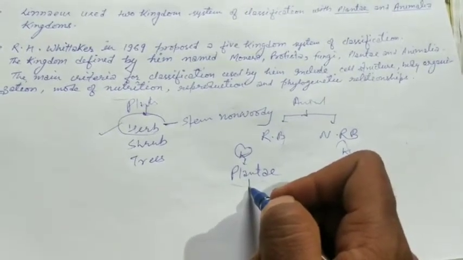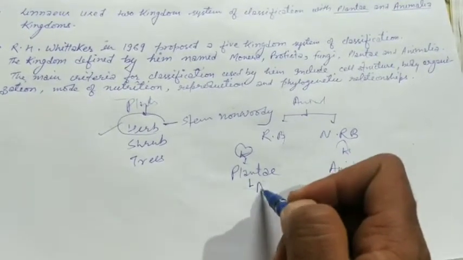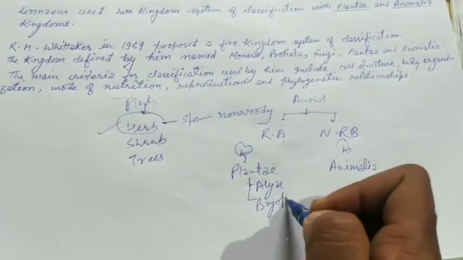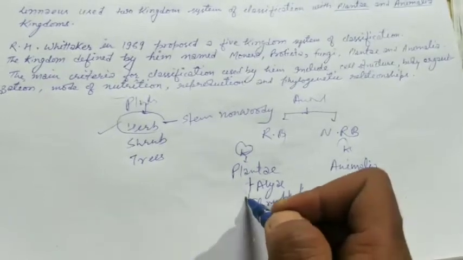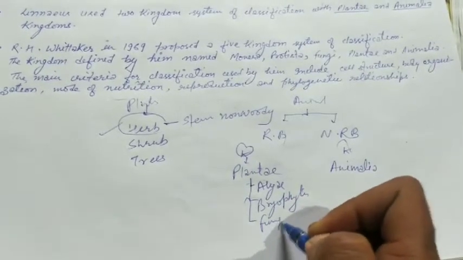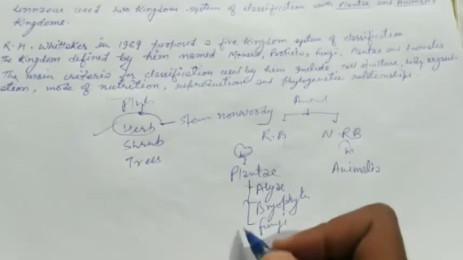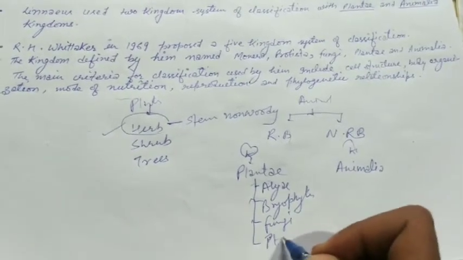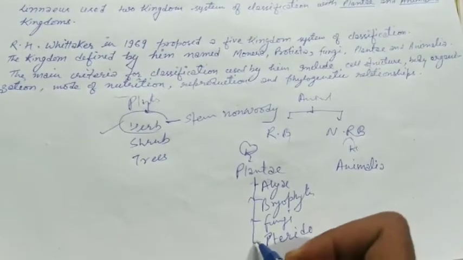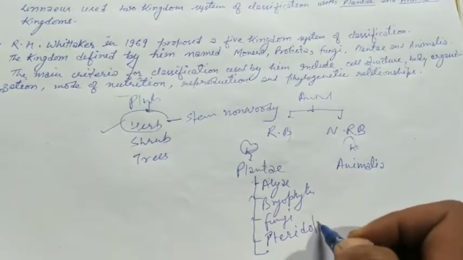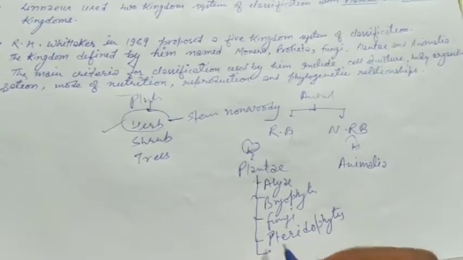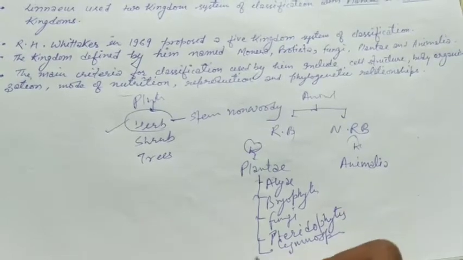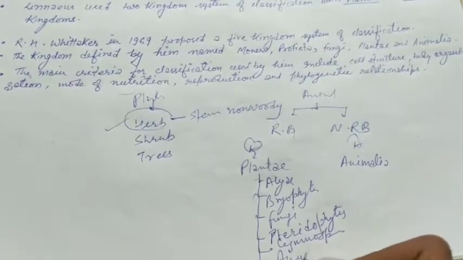In the Plantae kingdom, he included algae, bryophytes, fungi, pteridophytes, gymnosperms, and angiosperms.